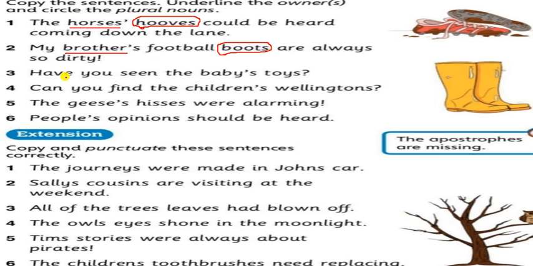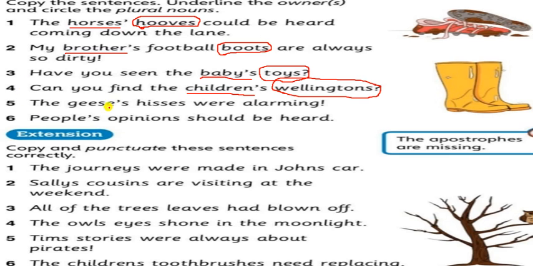Number 3. Have you seen the baby's toys? So the owner here is the baby, and the plural noun here is toys. The next one. Can you find the children's Wellingtons? So the children are the owners. Wellingtons is the plural noun.